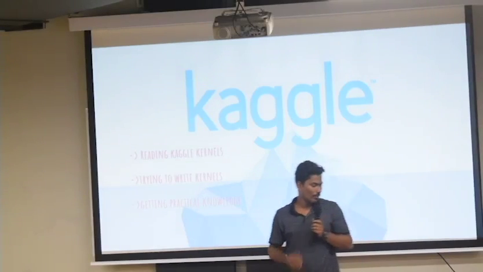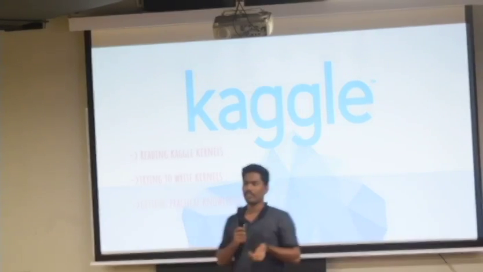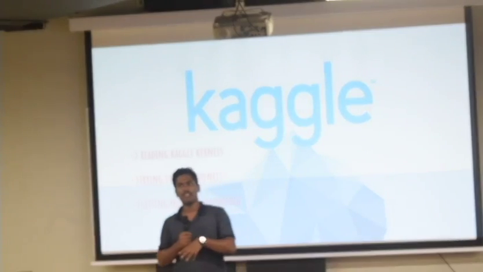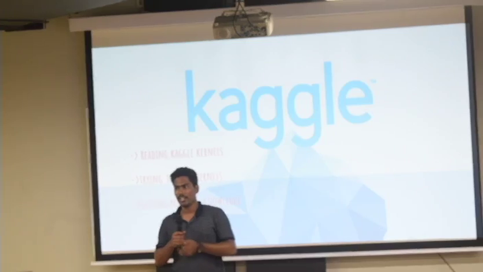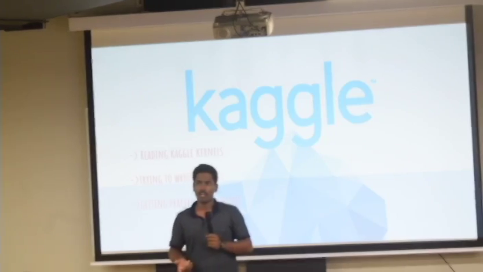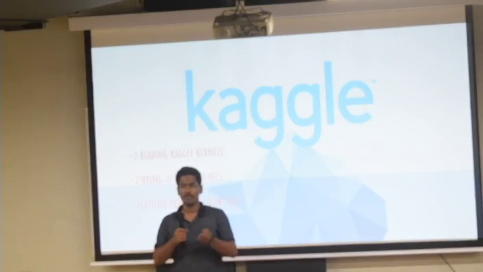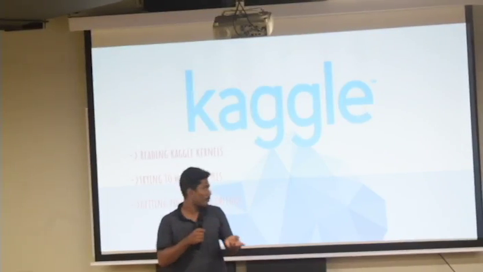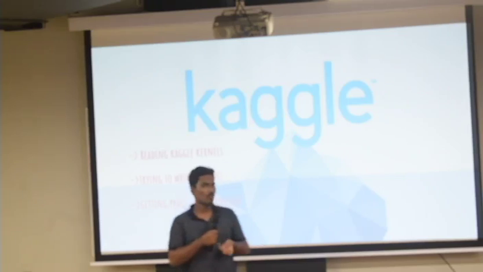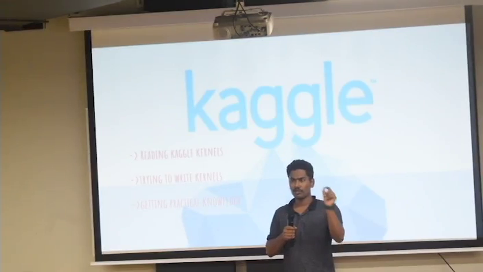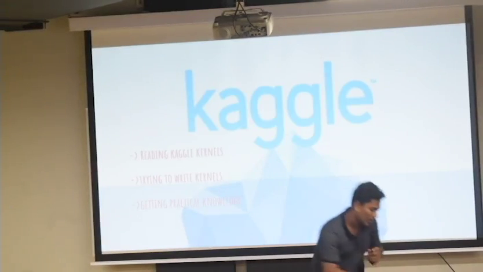Next, I again started working with Kaggle. I started by reading public kernels from grandmasters and masters. People usually make public kernels like tutorials, and I started by reading tutorial kernels.